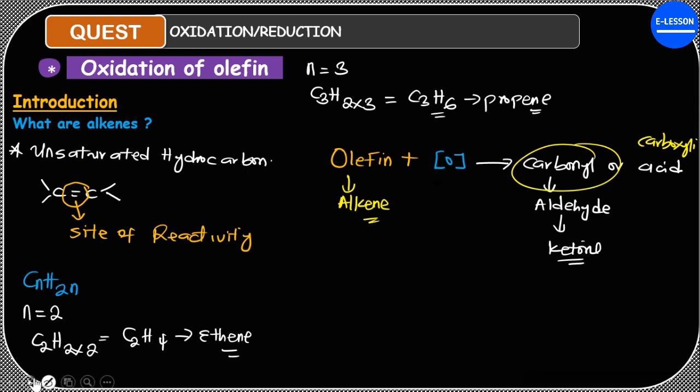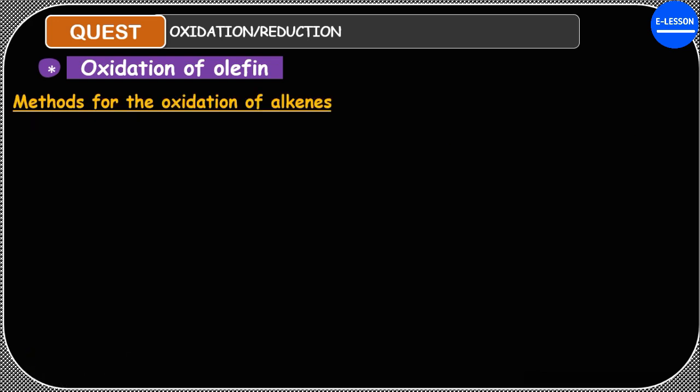Now, the next thing that we are going to look at is the methods of oxidation of alkenes. Oxidations are particularly important, the reason being that most functional groups contain oxygen. Alkene oxidations are some of the best methods for introducing oxygen into a double bond.